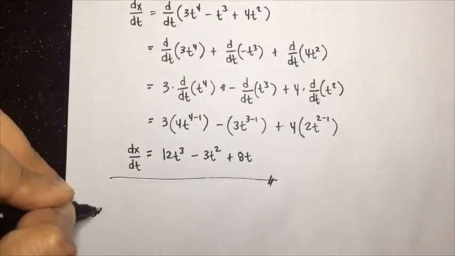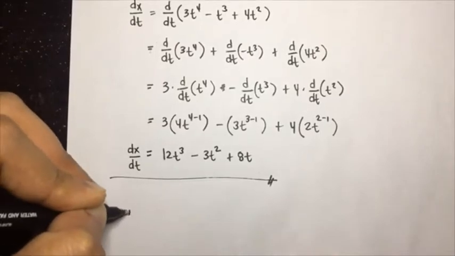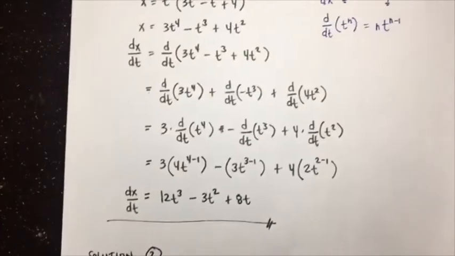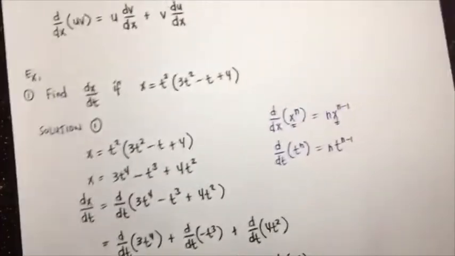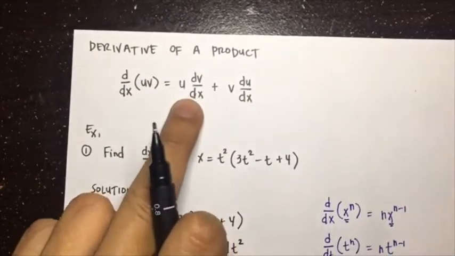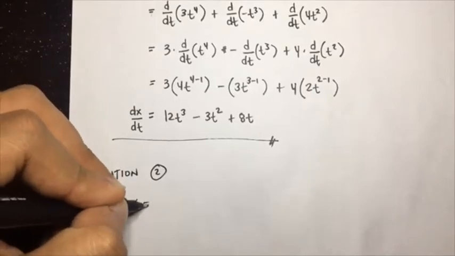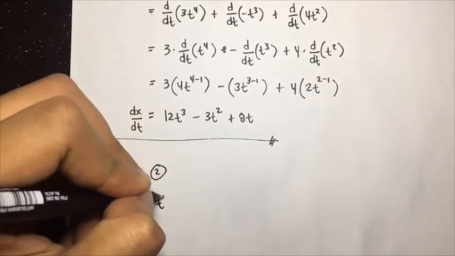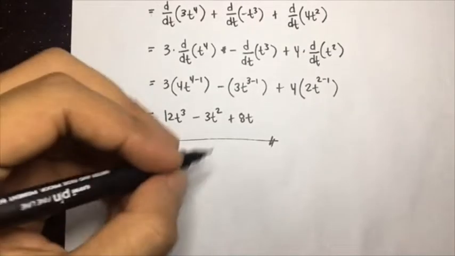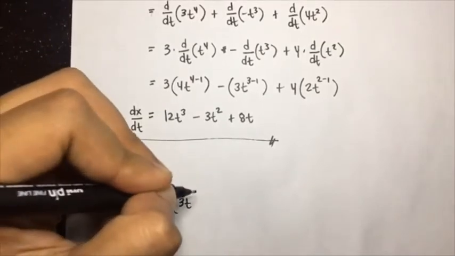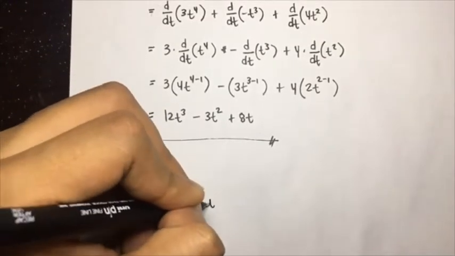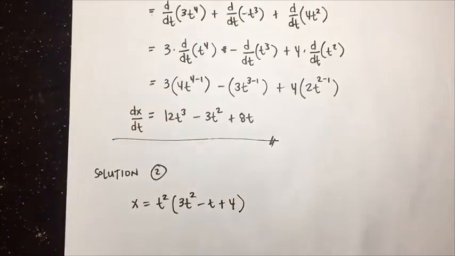So the second solution is by applying the derivative of a product. Let's rewrite the problem. x is equal to t squared times 3t squared minus t plus 4.